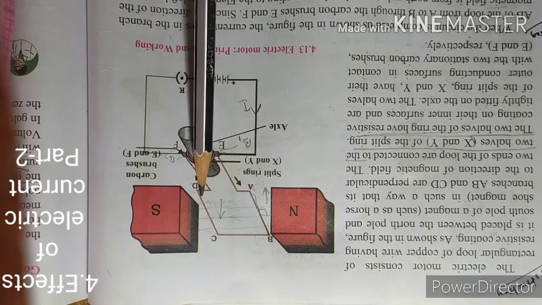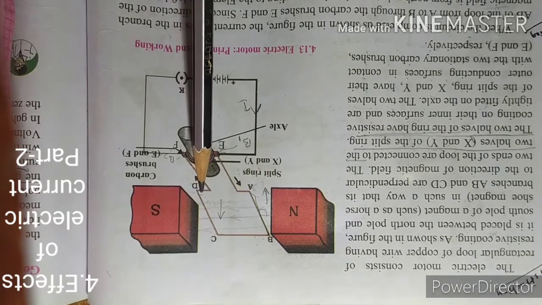After half rotation, arm CD will come here and arm AB will come here.